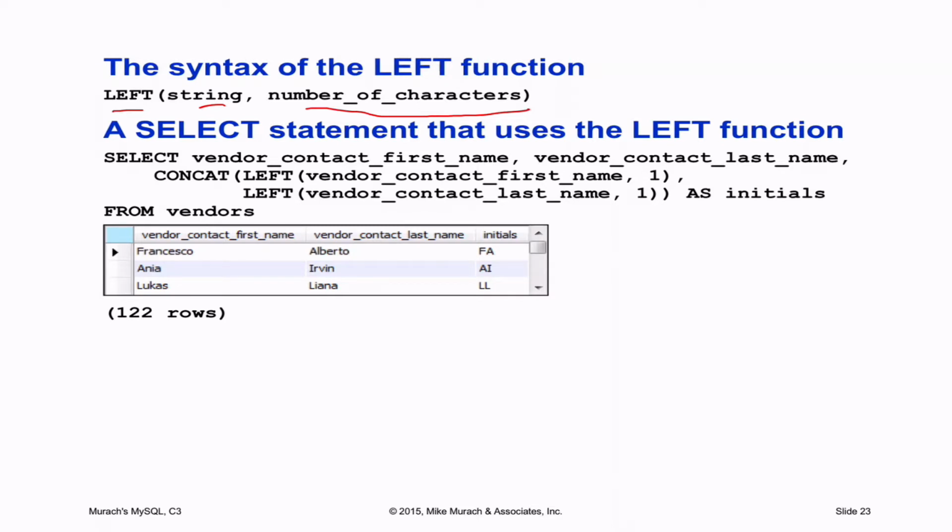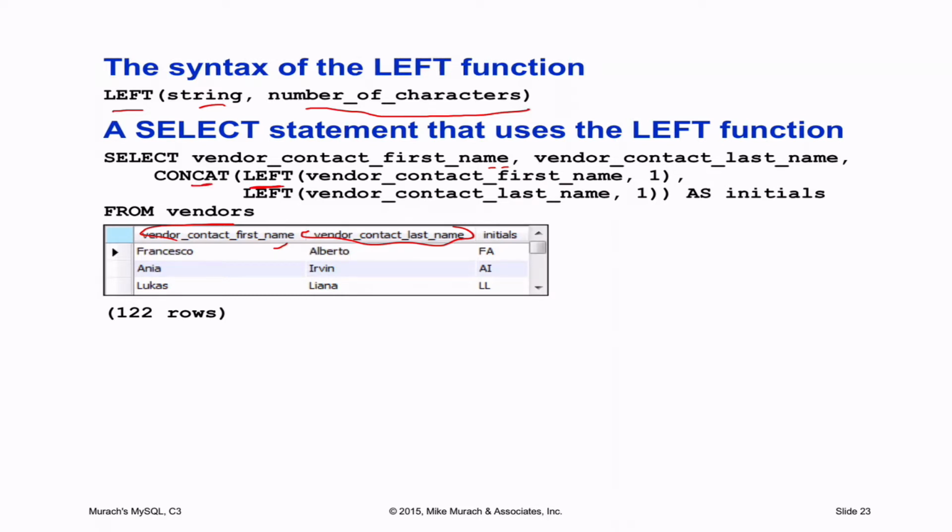Here we want to select the vendor contact first name. That's the name of a column, and you can see that here. Then we want to get the last name from the vendor contact. And then we're going to concatenate. This is kind of an advanced option. We don't necessarily need to concat to use left, but here we are nesting one function within another.